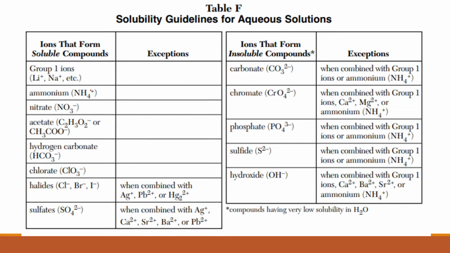For example, ammonium is something that is normally soluble and has no exceptions. So any compound with NH4 in it will be soluble, will dissolve in water, because nothing stops it from dissolving in water. On the other hand, something like chloride, Cl-, is almost always soluble unless you pair it with one of these three ions.